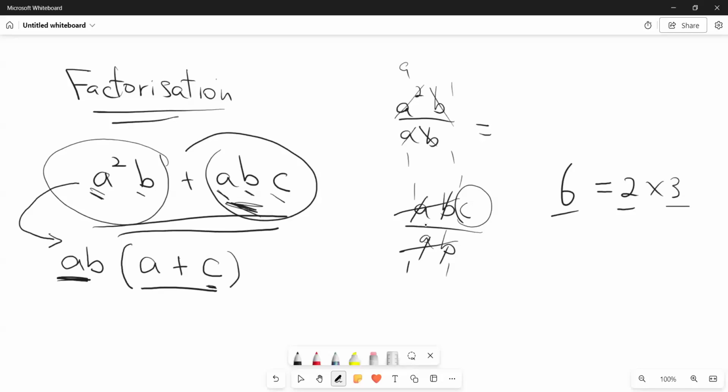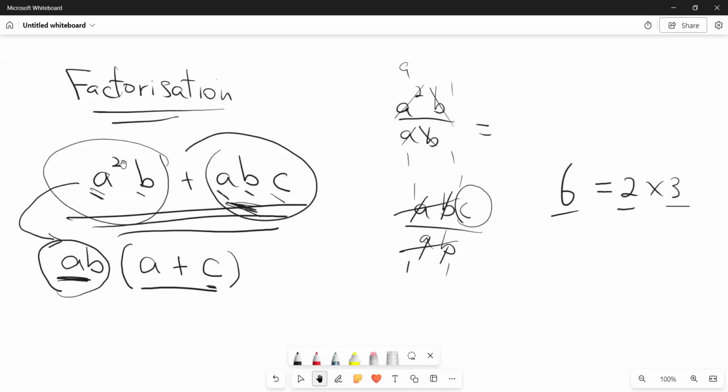A squared B plus ABC can be written as a product of its factors. And what are the factors of this whole long expression? They are AB and A plus C. Right? So when you talk about factorization, that's the process. However, before we go into more factorization, where did this come from?